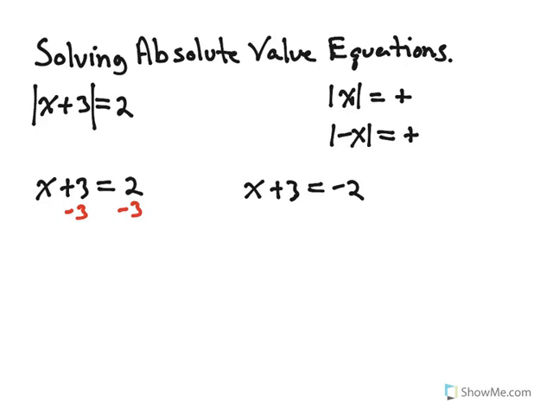If you want to move 3 over the equal sign, or any kind of quantity, you would subtract it. We have a plus 3, so the opposite operation is negative 3, and these would cancel. Then you're just left with x equals, and 2 minus 3 is minus 1. So that's one of the solutions.